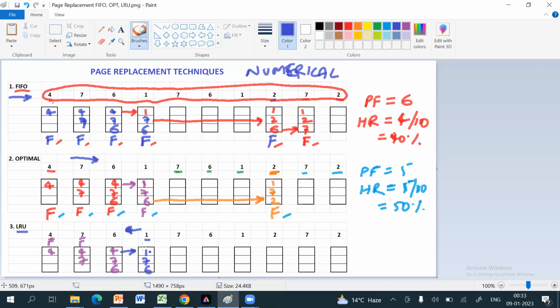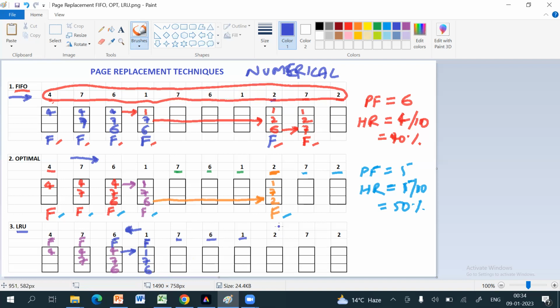So we'll have 1, 7, 6. Right now we have faults here. Next is 7, already there in the memory, not required to replace. 6 already there, 1 already there.